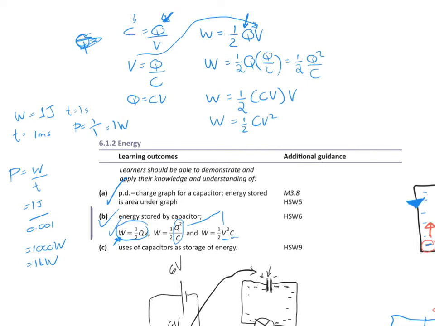And when we do experiments, you will also see how, when we connect it to an LED, for example, the light of the LED only lasts a couple of seconds, depending on how much charge we manage to store in the capacitor. Other uses of capacitors are, as I said, TV and camera flash.